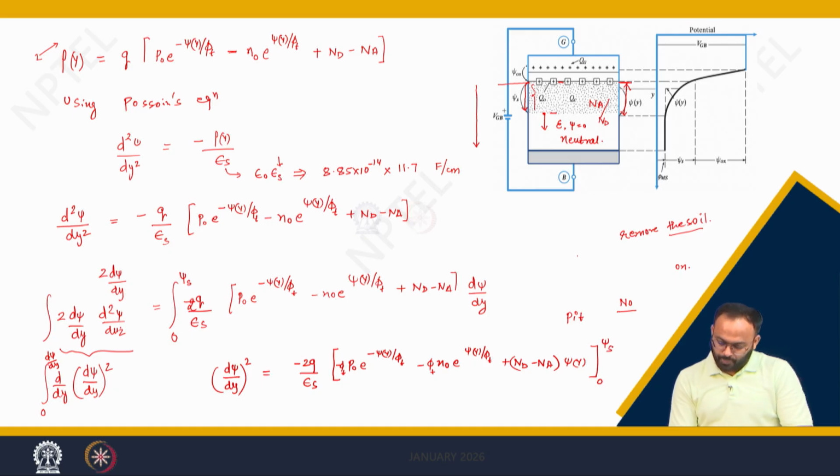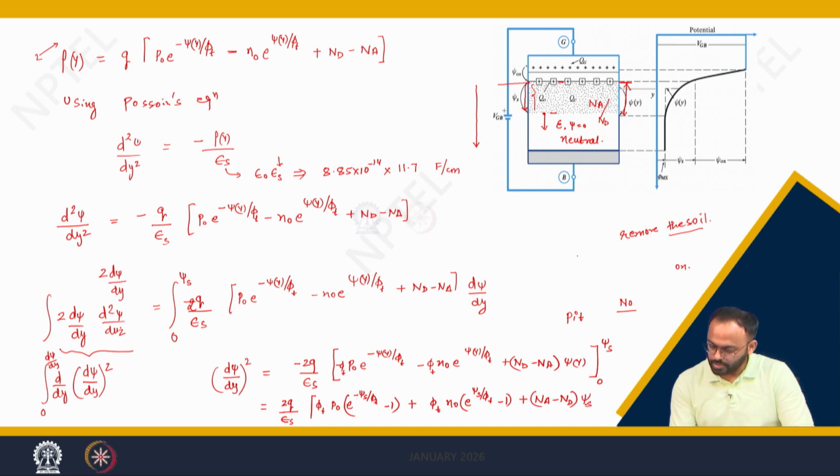After putting the limits, first of all you take the negative sign outside. So, it is 2 into q divided by εs, and putting the limit of ψs, you will get φt p0 [e^(−ψs/φt) − 1]. As you have taken the negative sign outside, it becomes plus φt n0 [e^(ψs/φt) − 1] and minus or plus Na minus Nd into ψs.